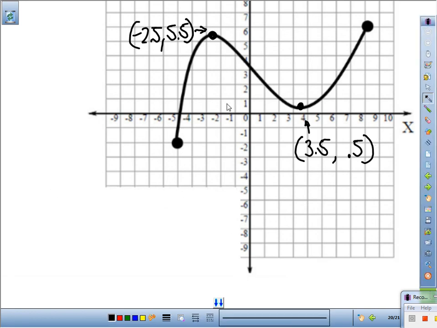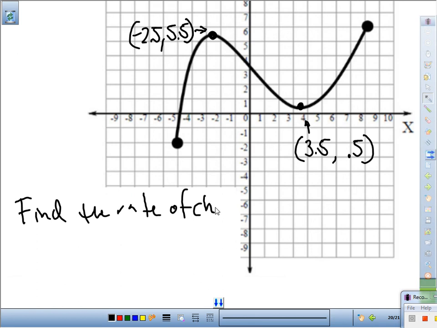Underneath your coordinate plane, I want you to write, find the rate of change.